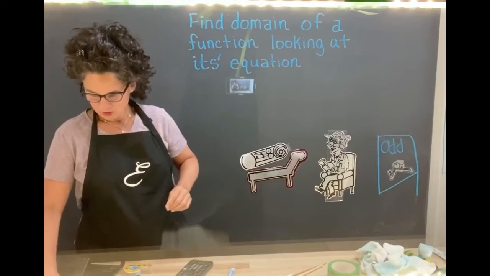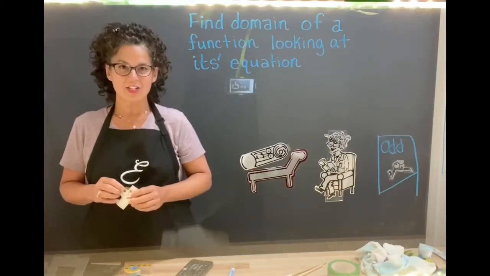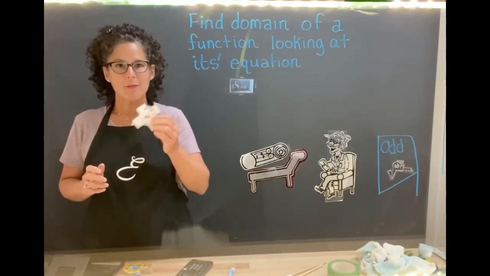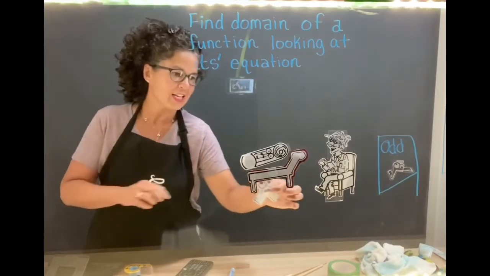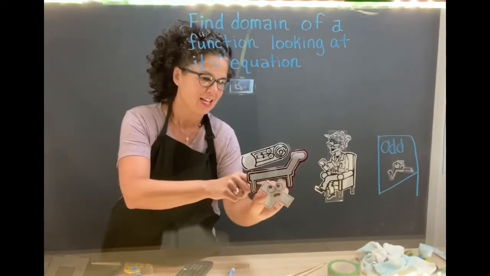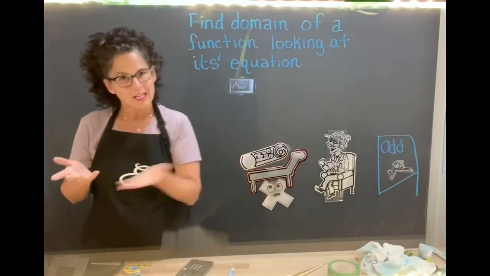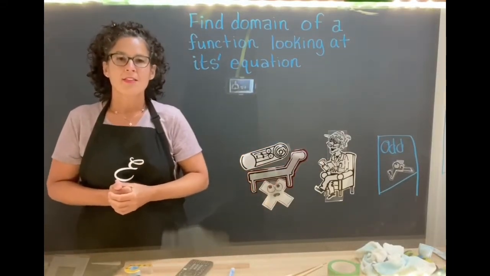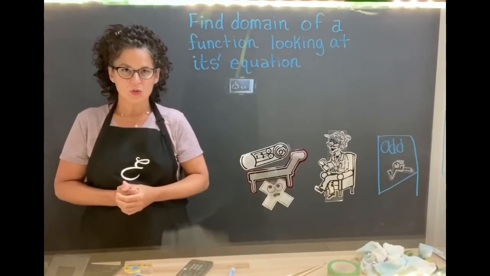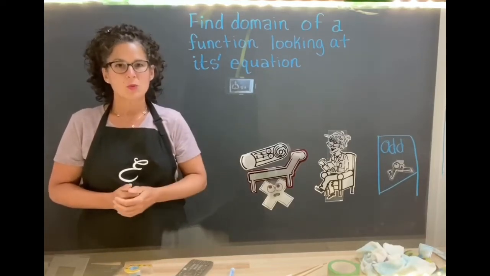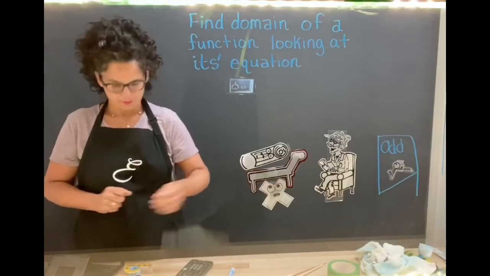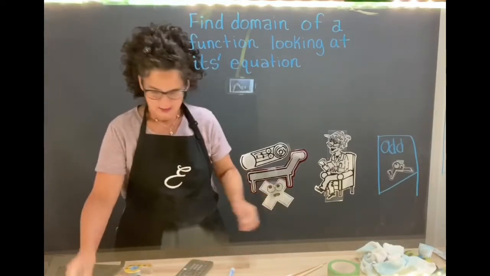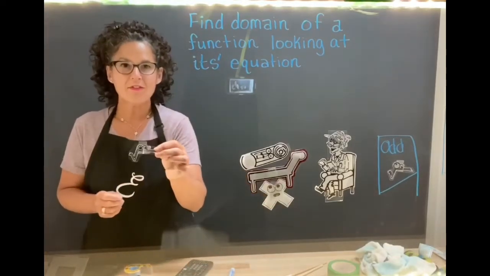Okay, then the next one is an x in the denominator. So I'm going to put this x underneath this couch. Kind of silly, I know, but like a fraction bar. So if you have an x in a denominator, that might also cause you a domain error because we never want to divide by 0. Okay, and then we have an even root.